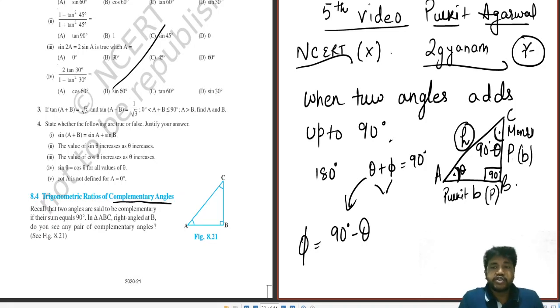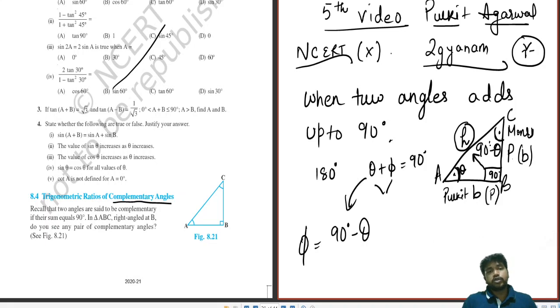So perpendicular and base change according to the viewpoint of the person. If you are at point A, P and B will be different, and if you are at point C, the line P and B will be different for that person. But the hypotenuse remains the same because the hypotenuse is always situated opposite the 90 degree angle.